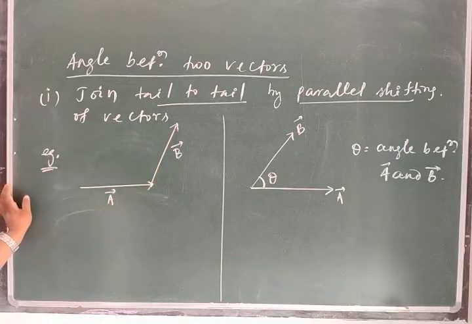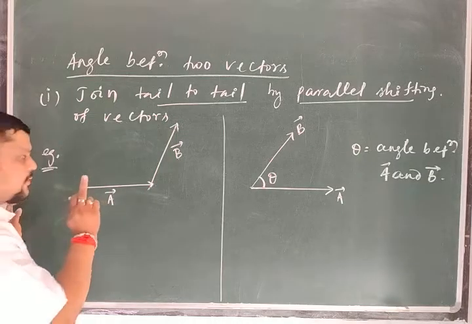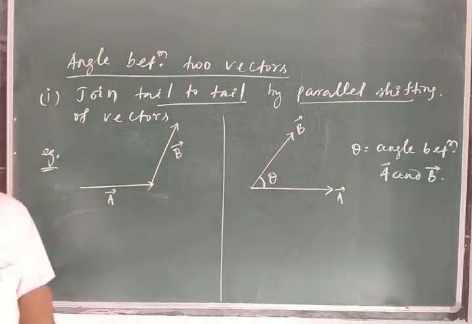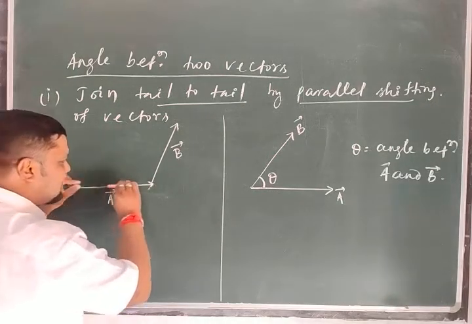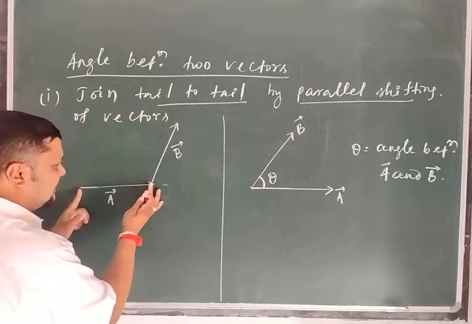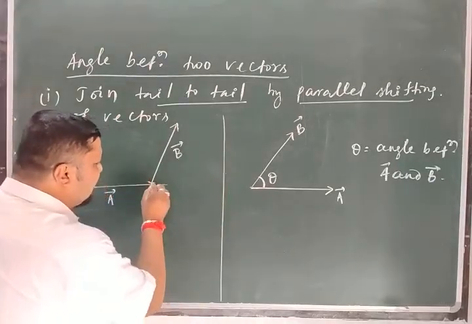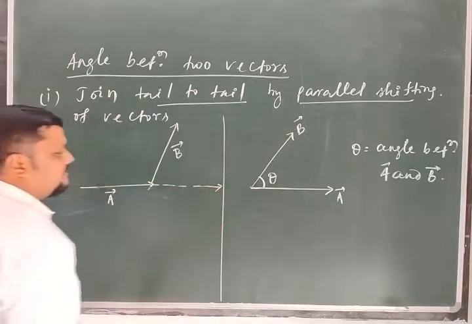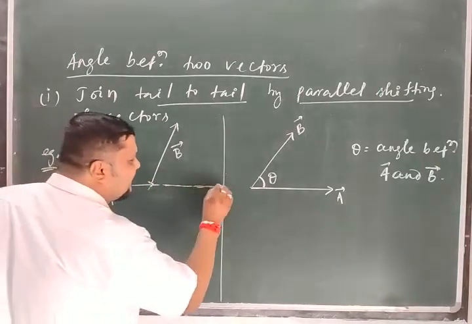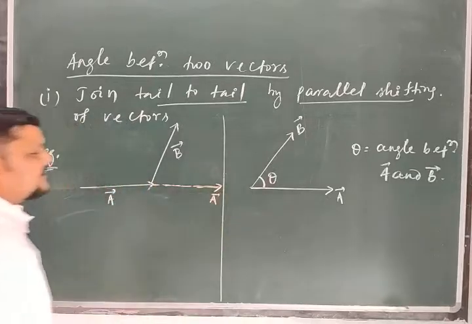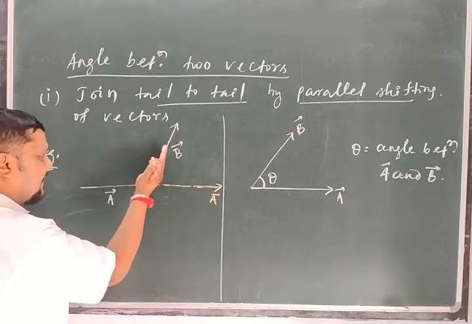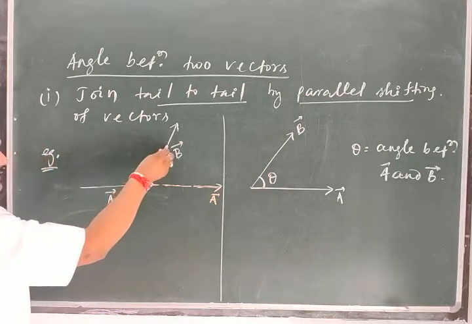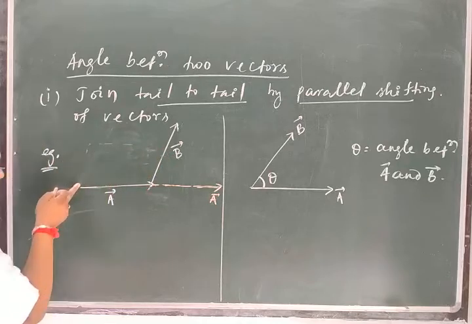To make that tail to tail joining, what can we do? Number one, I can shift vector A parallel to itself, along this direction, to this side, so that I get vector A there. This is the parallel shifting. Or the other way is that I can shift vector B parallel like this, so that there is tail to tail joining.